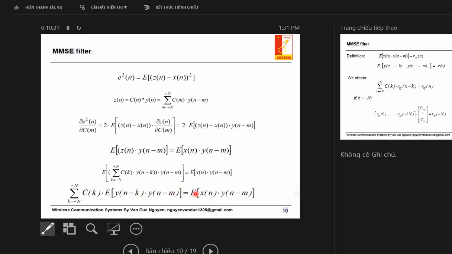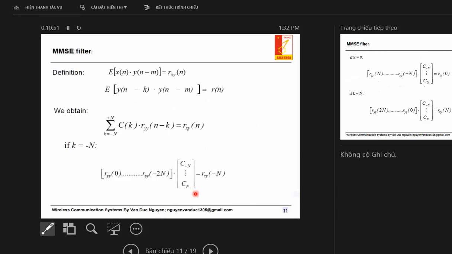That's the expectation of the input signal of the filter, and here is the expectation of the transmit signal with the receiver signal. Y is the receiver signal, and H is the transmitter signal. So you have those slides, so you can have a look.